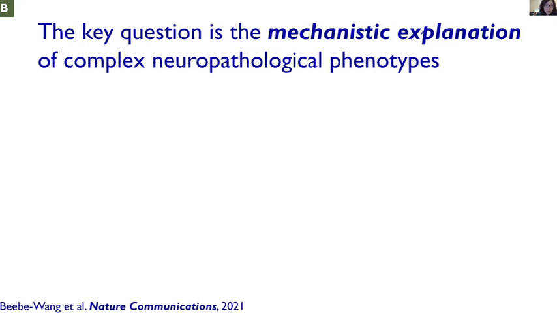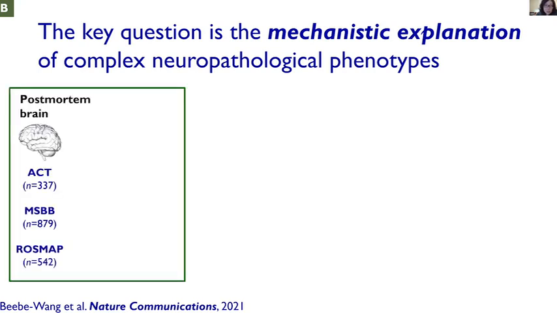In the first project, I will show you the study published in Nature Communications a few years ago. My student collected RNA-seq datasets from multiple cohorts. It's all AD studies, and these studies have both case and control brain tissues. At that point it was all bulk RNA-seq data, and you will see single-cell data later.